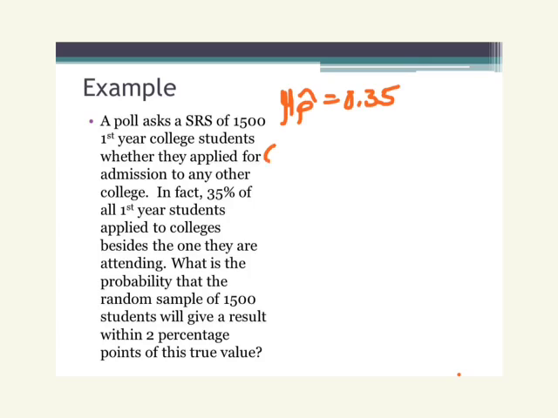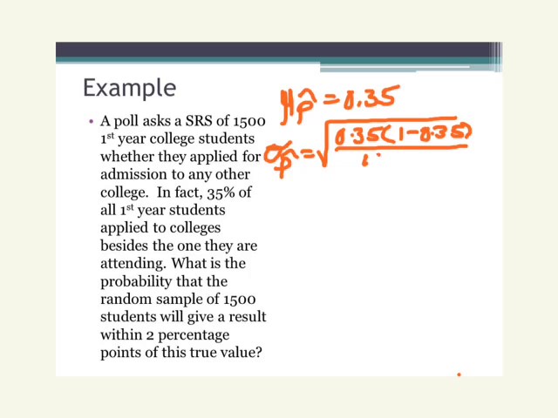And we know that the standard deviation of p hat is equal to the square root of p, so 0.35, times 1 minus p, all over n, 1,500. All right, so our sampling standard deviation comes out to be 0.0123. So now we have the mean and the standard deviation. All right, now we're ready to apply our normal distribution.